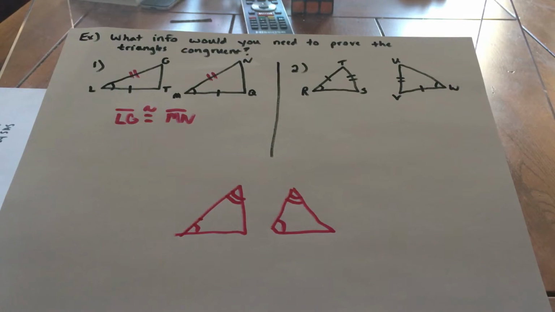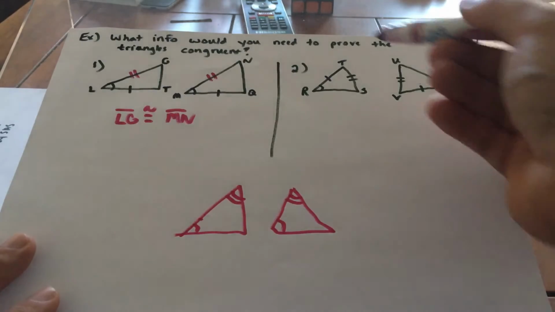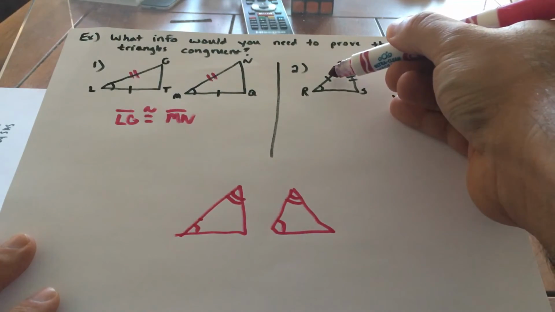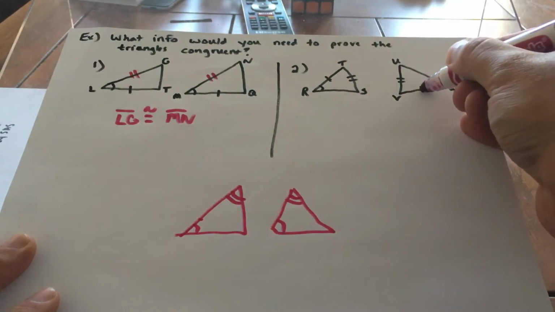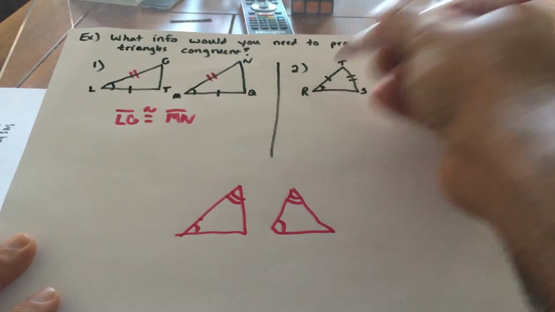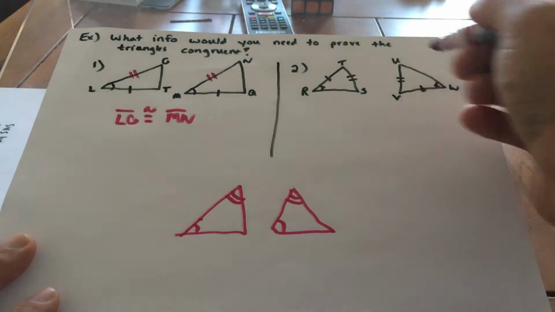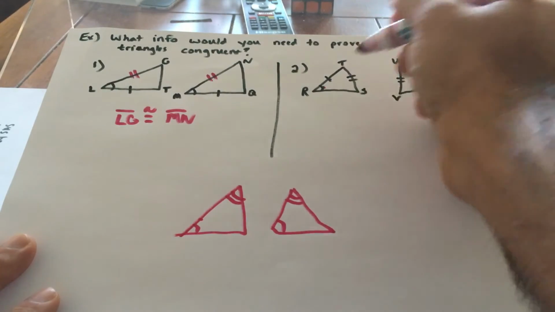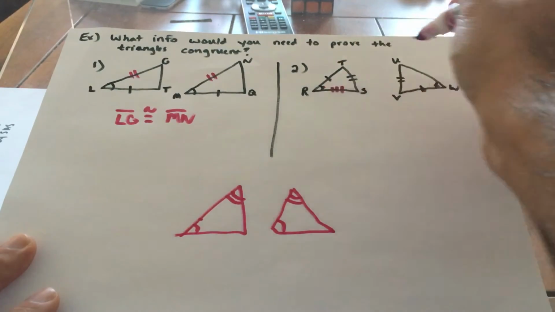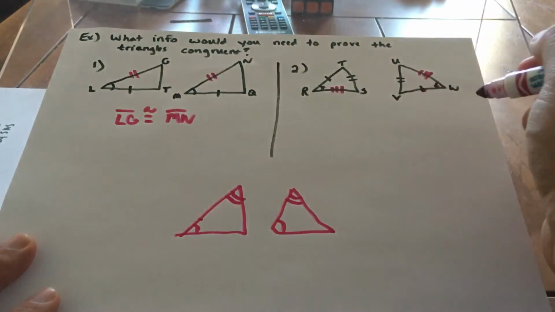Okay, so if we want to prove these triangles congruent by the side angle side, or SAS, we have to look at, well, this side is congruent to this side, this angle is congruent to this angle. Then what we would need is to prove that this side is congruent to this side.